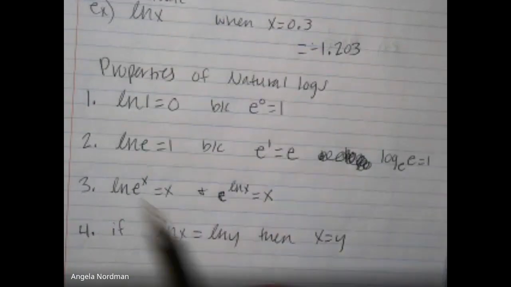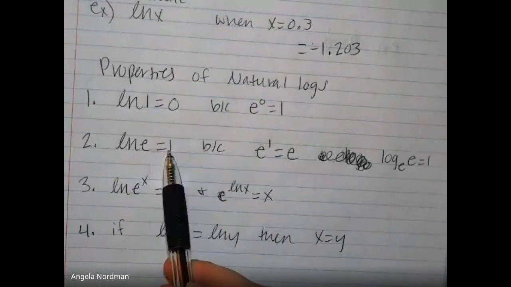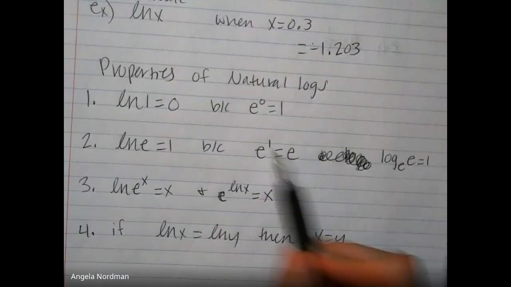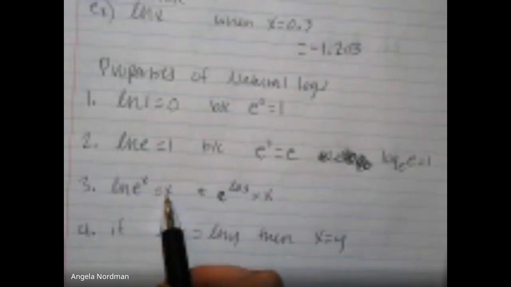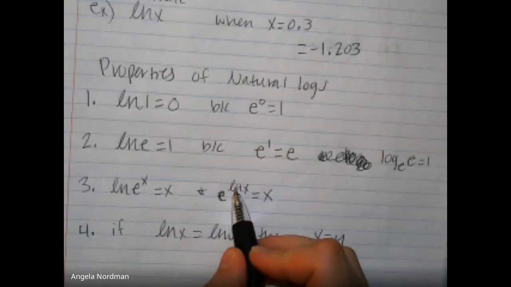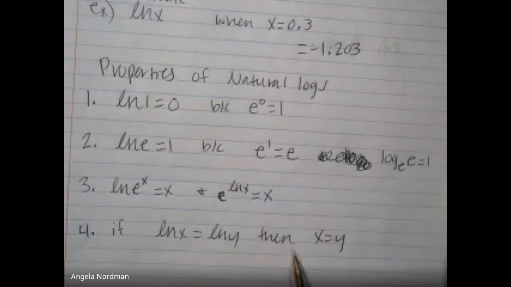Same thing as before, this is technically log base e of e. That's going to equal 1, because we're taking the same base as we're taking that function up. So e to the first equals just e. Again, same property: log base e of e to the x is going to equal x, just as e to the natural log of x is going to equal x.